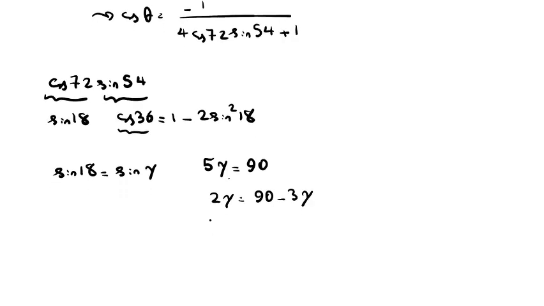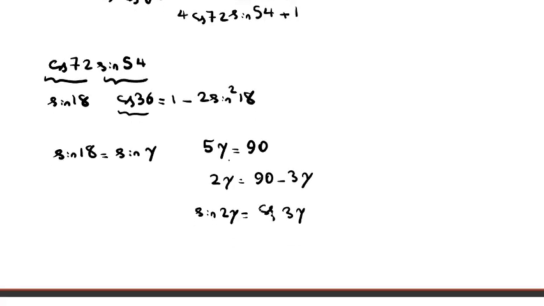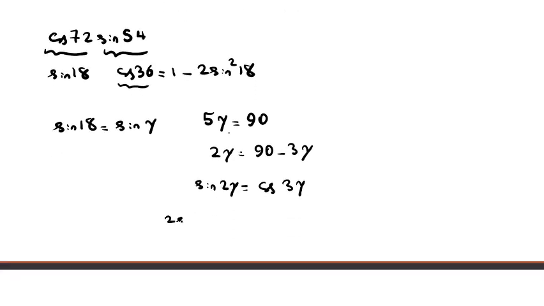Now we say, okay, if we take sine from both sides, sine 2 gamma equals sine of 90 minus 3 gamma, which equals cos 3 gamma. Now the left hand side is 2 sine gamma cos gamma. And 3 gamma is gamma plus 2 gamma, so we can say cos gamma cos 2 gamma minus sine gamma sine 2 gamma.